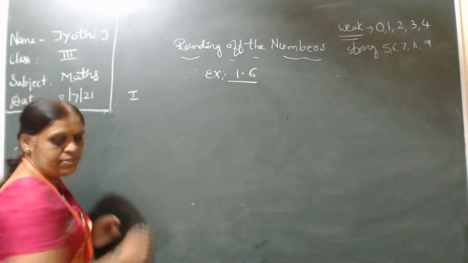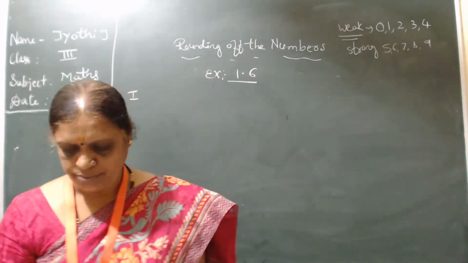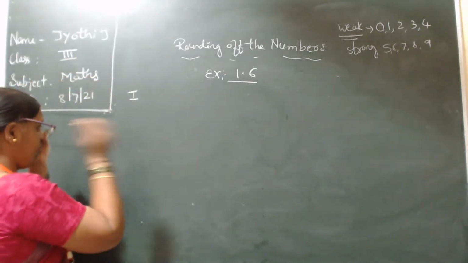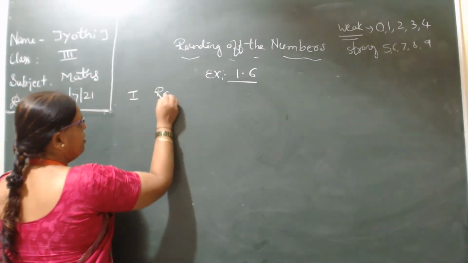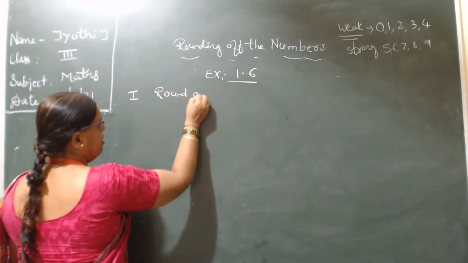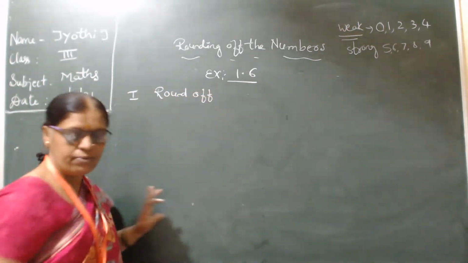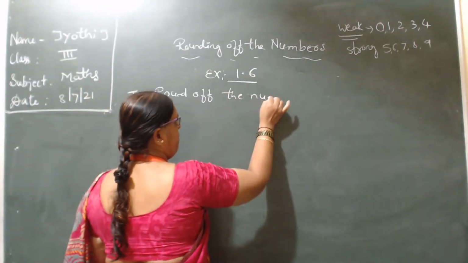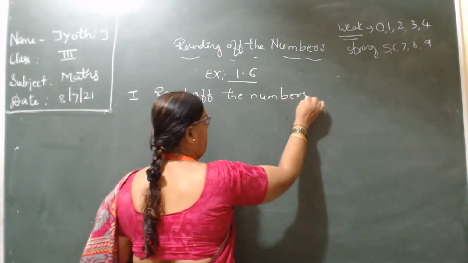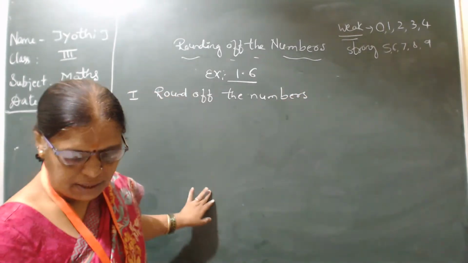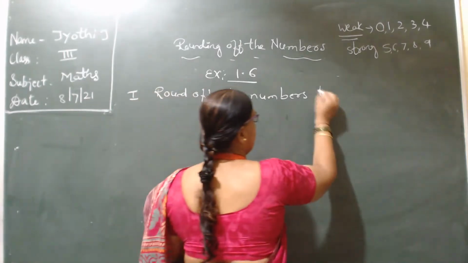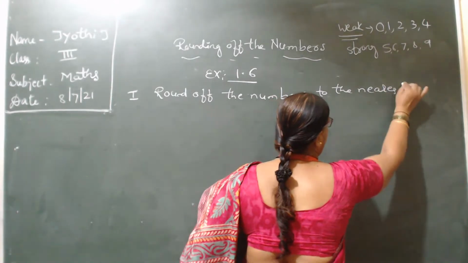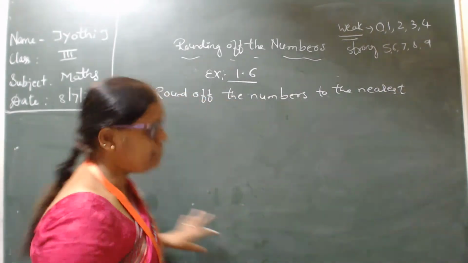So first one is: round off the numbers to the nearest ten.